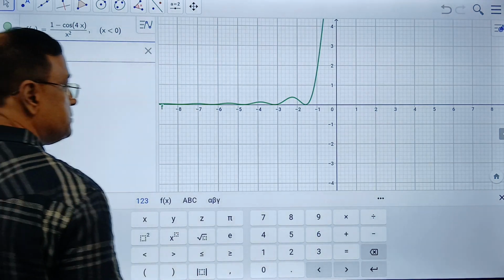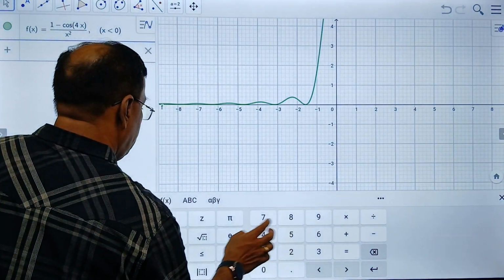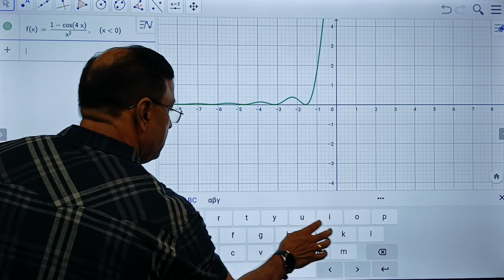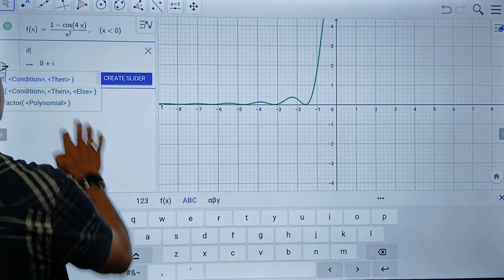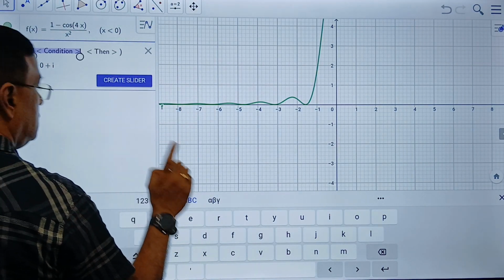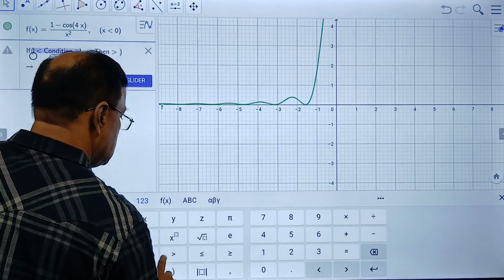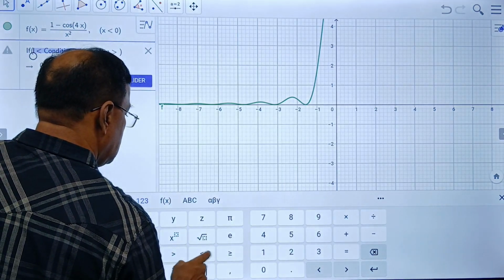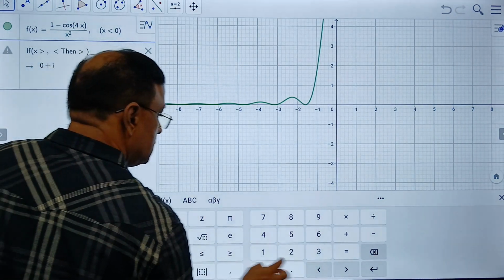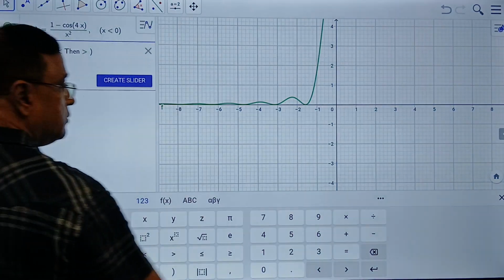Now the next part of the question is, if just one second, condition x is greater than 0, now what's the function?